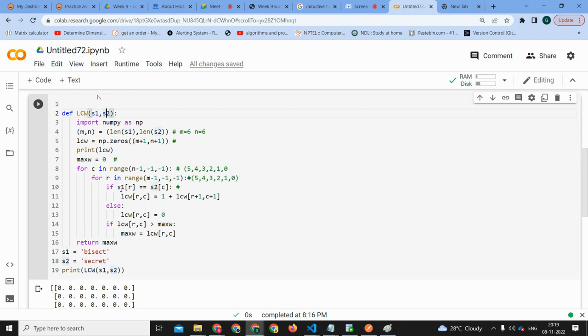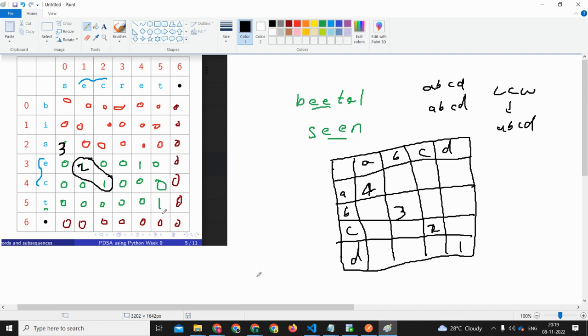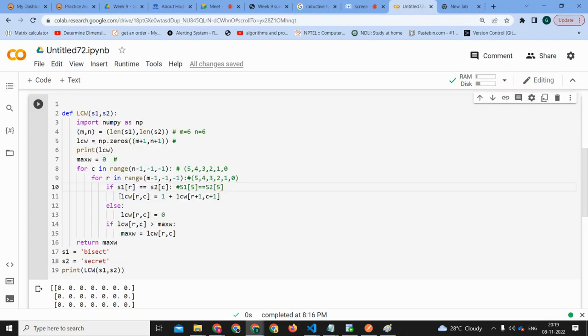Obviously, what I am saying is S1 of R, during the first iteration, is going to be S1 of 5, equal to S2 of 5. Yeah, that is what we are checking. Again, coming from the bottom right, as we saw in the picture. We are starting to fill from here.